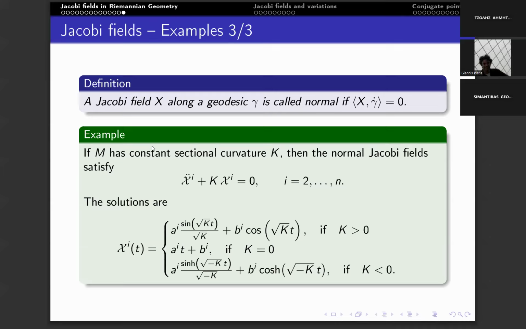If our manifold has constant sectional curvature, like the n-dimensional sphere, let's take of radius r, then the normal Jacobi fields satisfy these equations here. The system of ODEs is simplified, and we can solve it. The solutions are of this form here, which will be used in another example later.